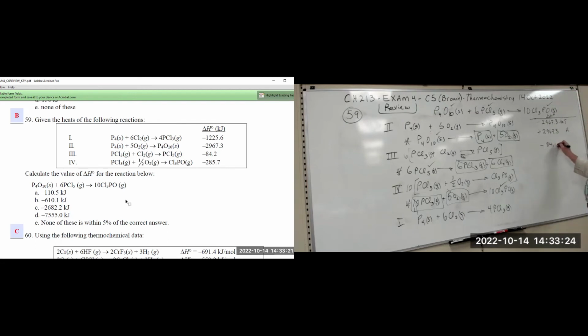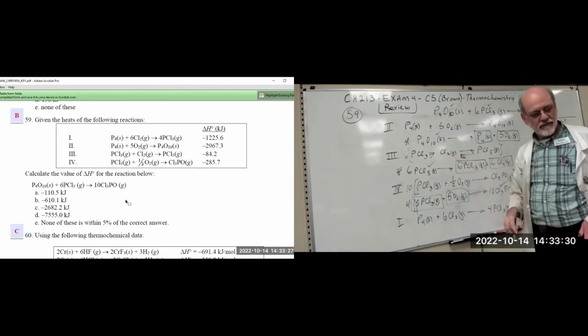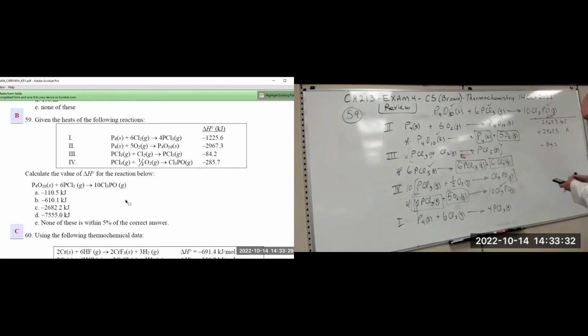We flipped it and multiplied it by 6. So that's 505.2 kilojoules. There we go.